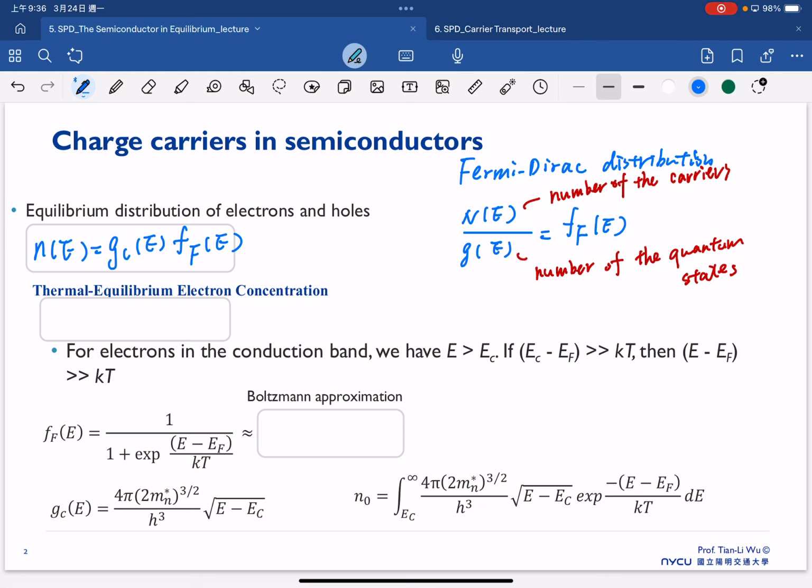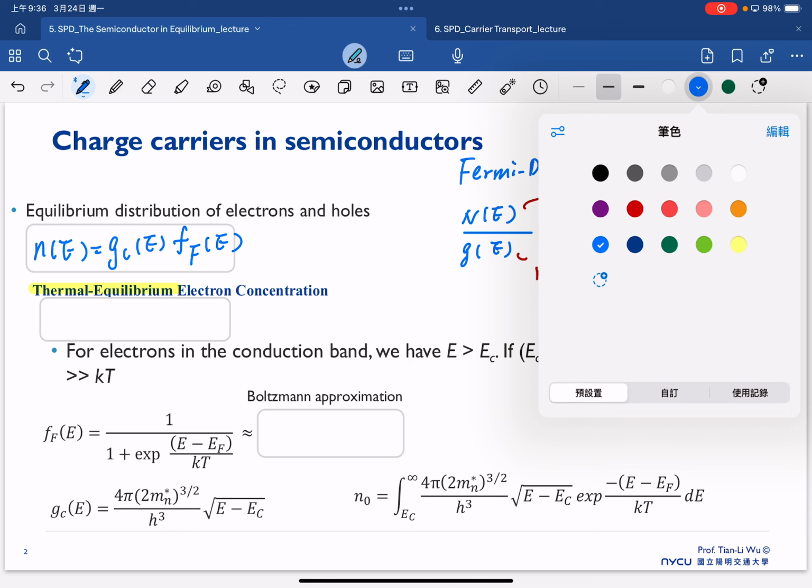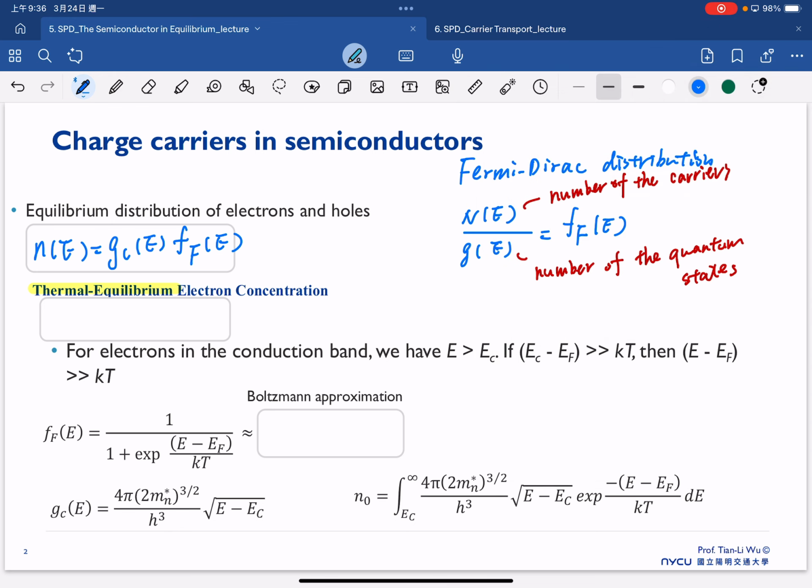And the next stage is that we consider the thermal equilibrium electron concentration. Therefore, we can estimate the thermal equilibrium case.